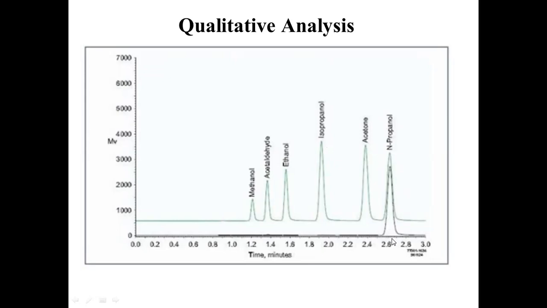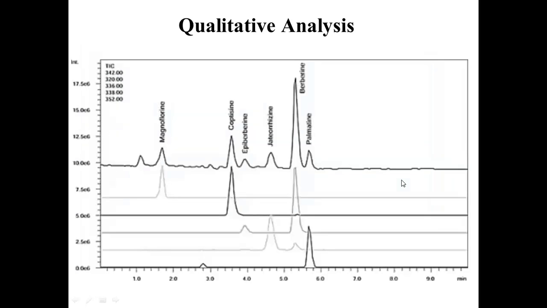If there is a peak existing exactly at the same retention time, you can make sure that N-propanol is present in your sample. Similarly, these are the other advantages: peak presence at the relative position, relative retention time.